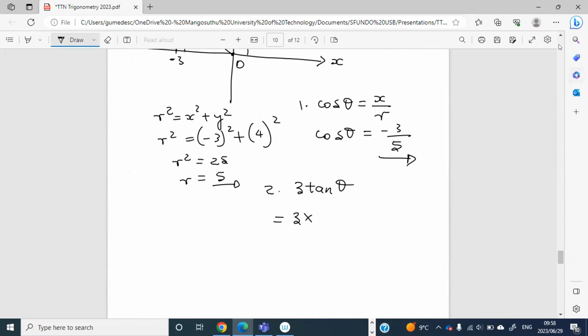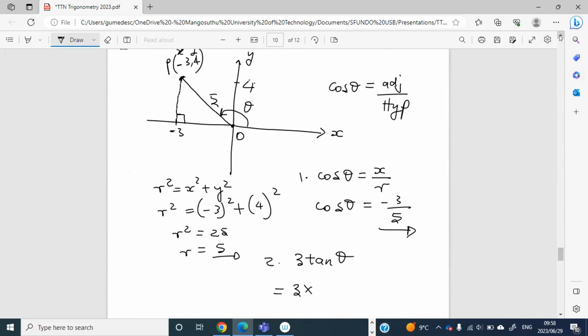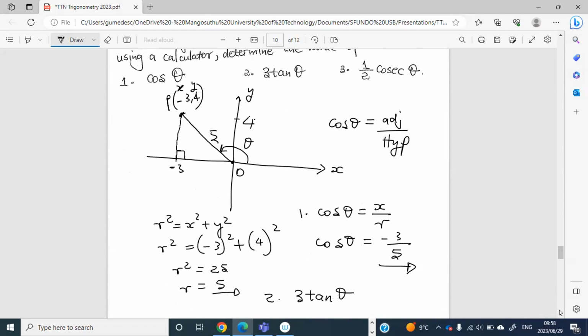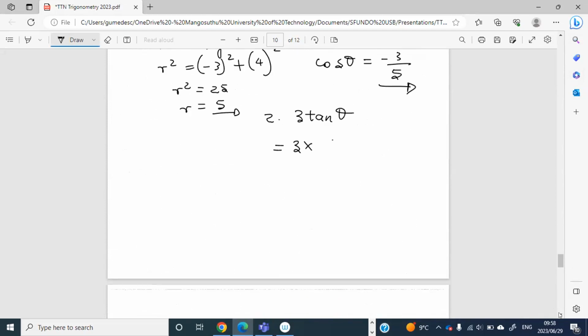So tan theta is y over x: our y is 4 and our x is -3, so 4 over -3. And we multiply by 3, we cancel, and we get that 3 tan theta is -4.